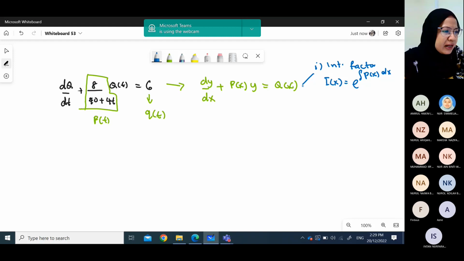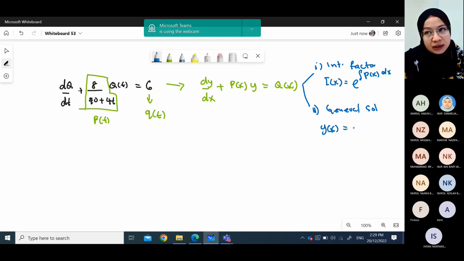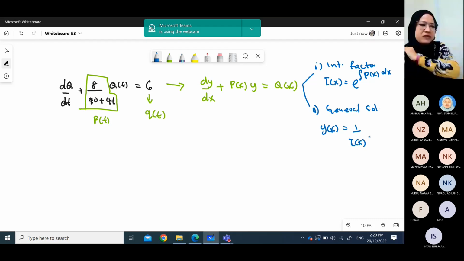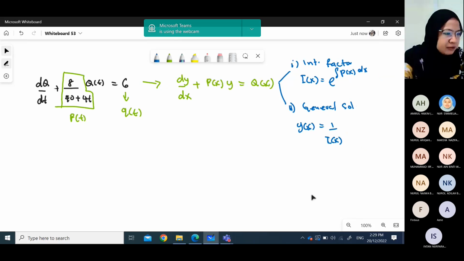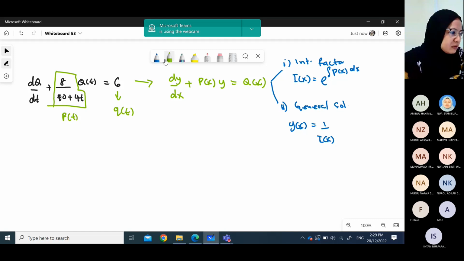Okay. And next step, we need to find general solution. So general solution is y of x equivalent with 1 over integrating factor multiply with integral of q of x times integrating factor, ini kita recap yang kita dah discuss.